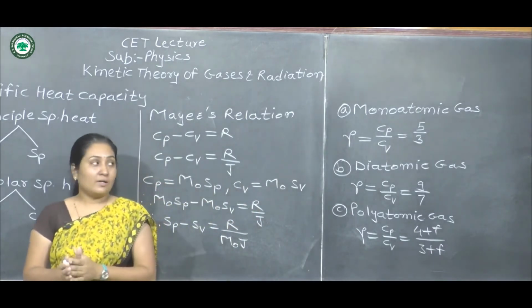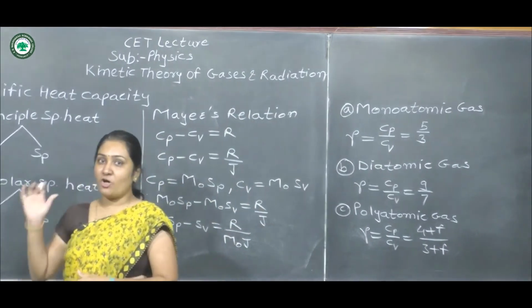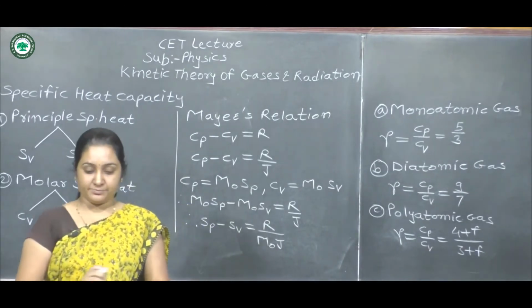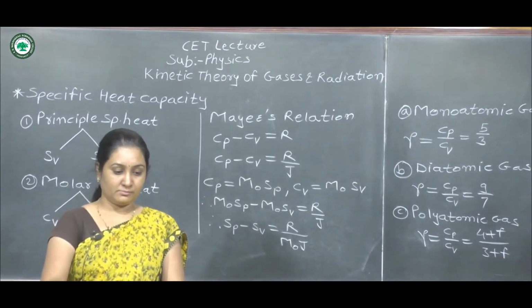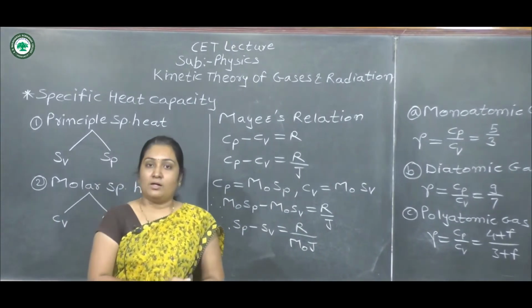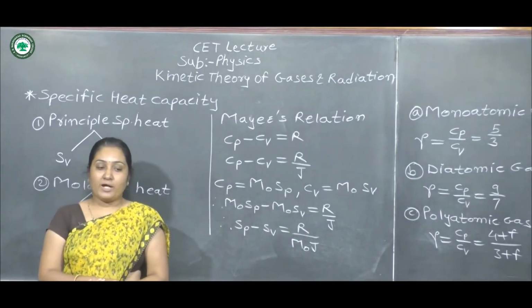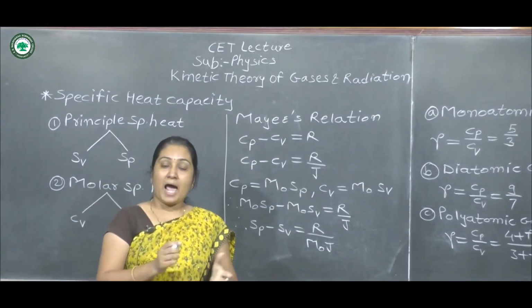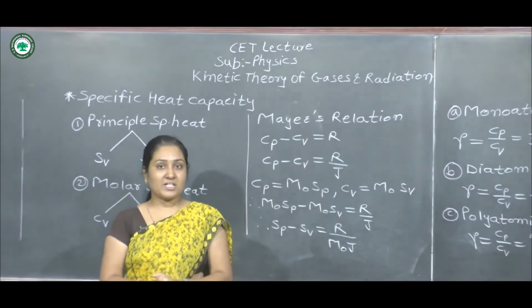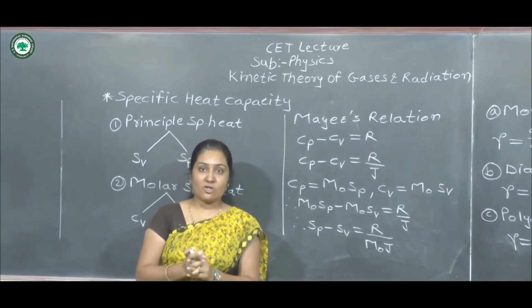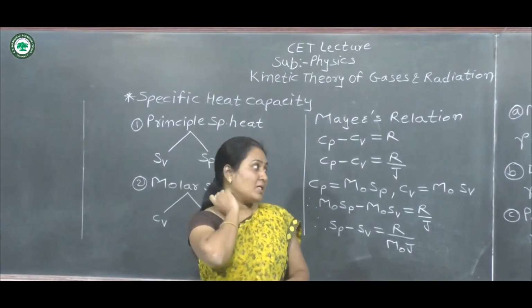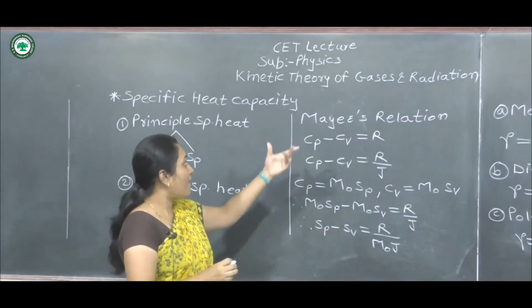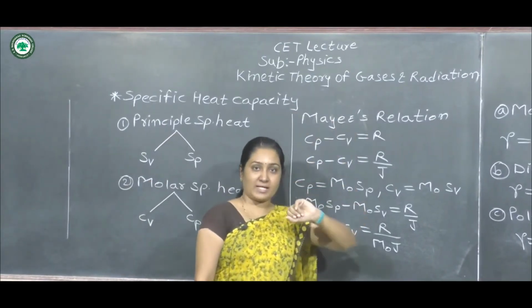This is about Mayer's relation or specific heat capacity. Then the next important point from this chapter is absorption, reflection and transmission of radiation. Here we have studied the kinetic theory of gases.